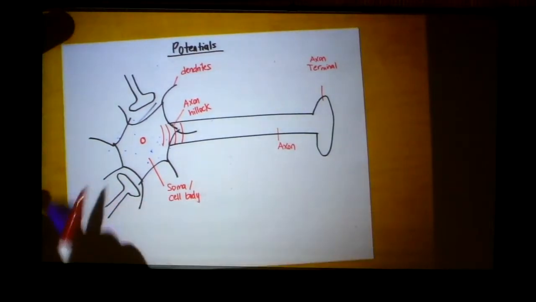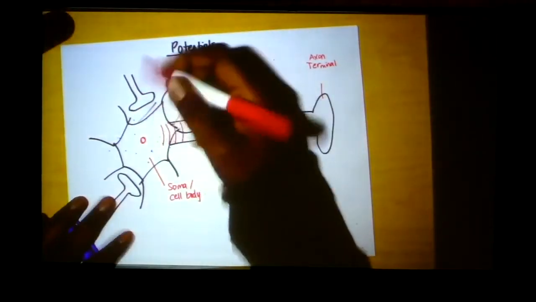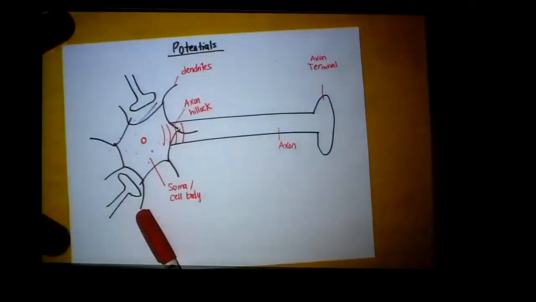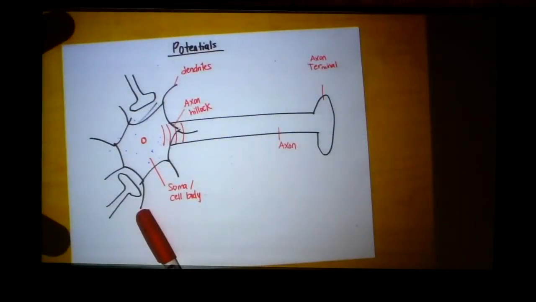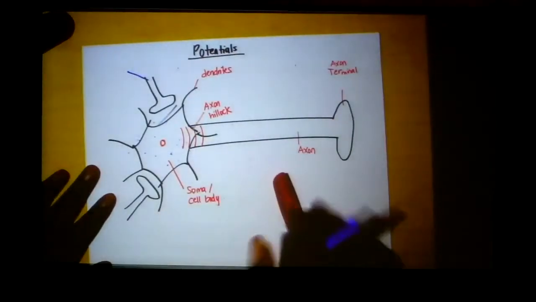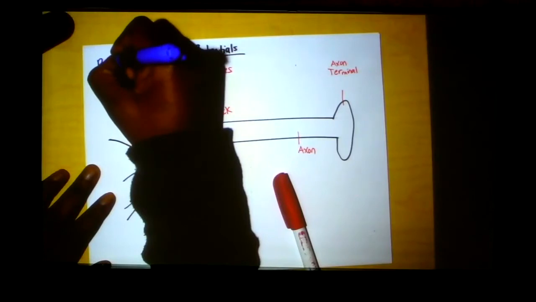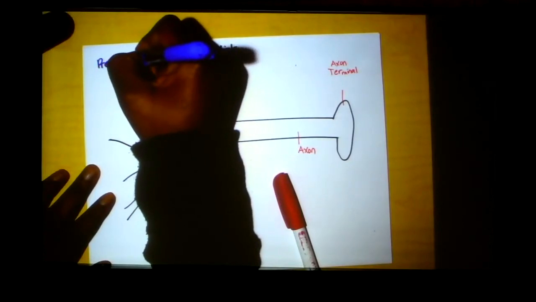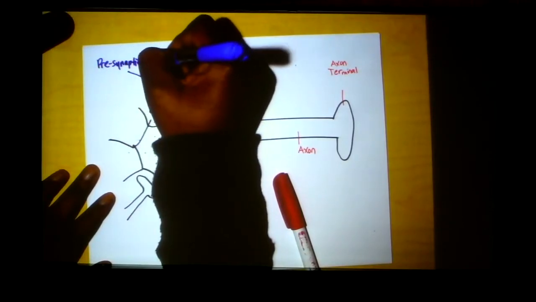Also, we want to introduce the concept of this region. So think about two neurons that are communicating. We call the first neuron in that chain of communications the presynaptic neuron. The presynaptic neuron, right?